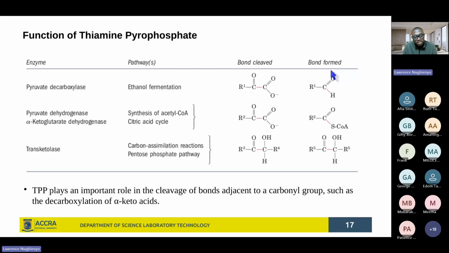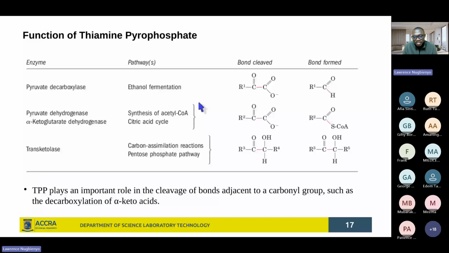In that process, where pyruvate decarboxylase is acting, thiamine pyrophosphate is a coenzyme. You have another one, pyruvate dehydrogenase, which acts in the synthesis of acetyl-CoA.